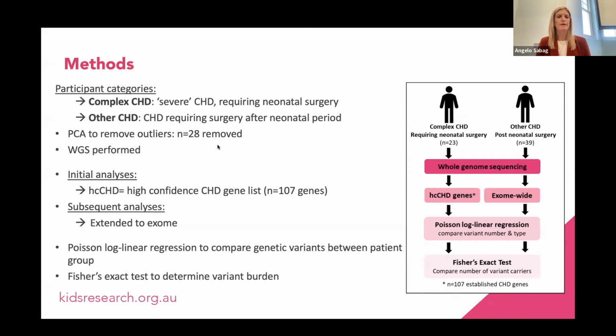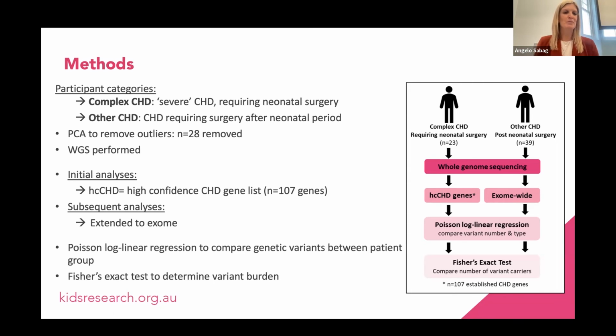And to do this, we used whole genome sequencing, and we had two groups of participants. We classified them as either having complex or severe congenital heart disease requiring neonatal surgery. And then the other group were those who required surgery after the neonatal period, so had simpler forms of disease, if you want to call it that, a very loose term.